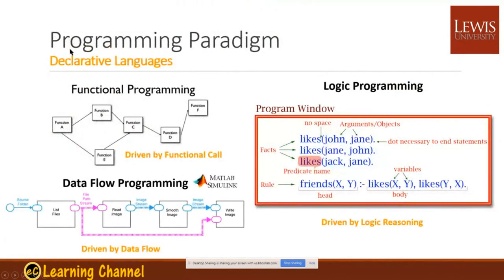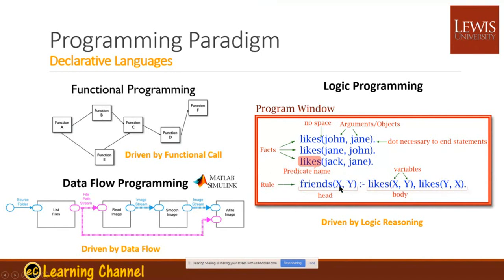So first, let's look at declarative languages. For example, for logic programming, we have Prolog. A friendship between X and Y, two persons, is defined as a like relationship: X likes Y and also Y likes X. Then we define they are friends.